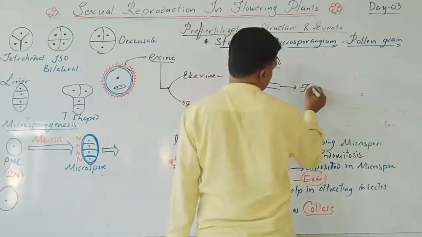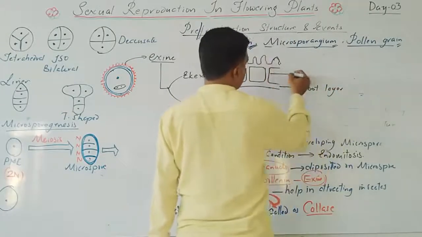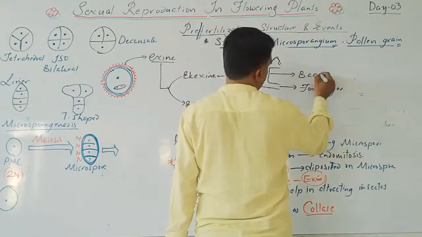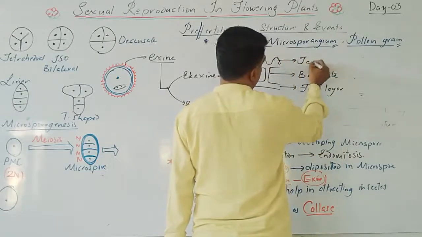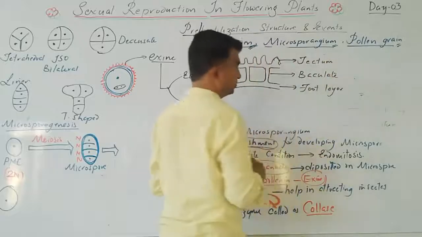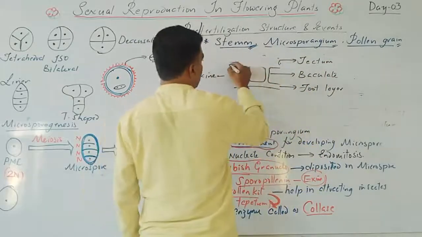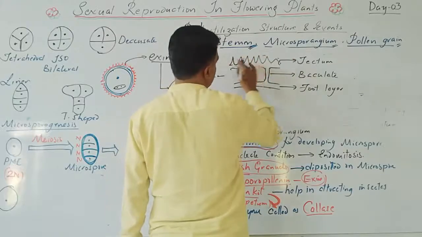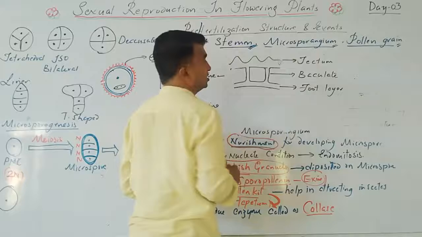So this is the foot layer. This is baculate. This is tectum. Yes, the tectum pattern is variable. Sometimes it is sharp, sometimes it is blunt. So the tectum pattern is a deciding factor.